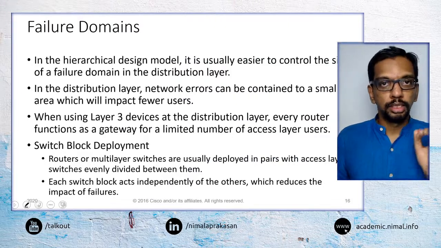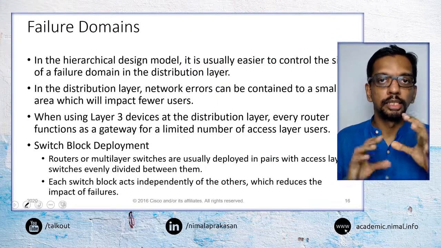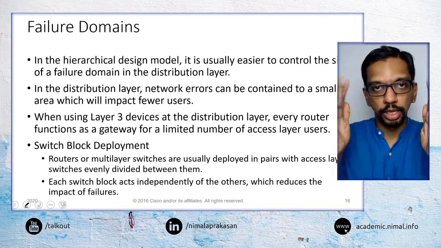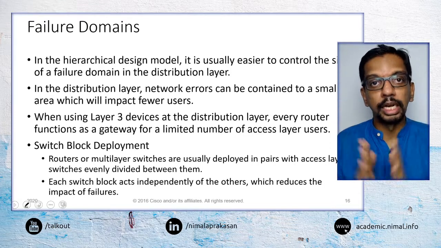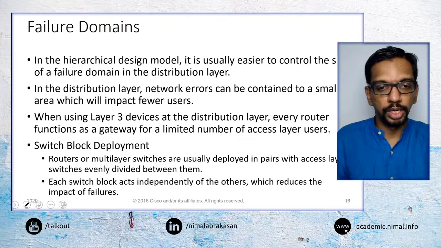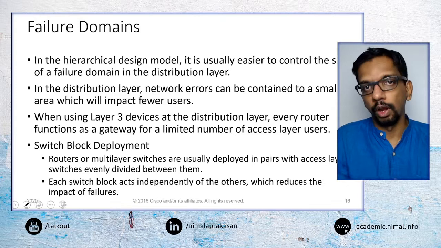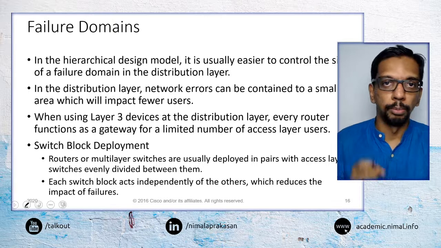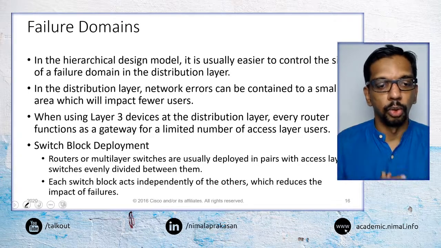So one of the main reasons why the hierarchical design model is very commonly used is because of these failure domains. Because of the way the hierarchical model is designed, and especially when redundancy is included, it contains the failure domains to the very lowest level of the switches, and at the higher levels there are more redundant components, so the failure domains are eliminated or reduced to smaller sizes.